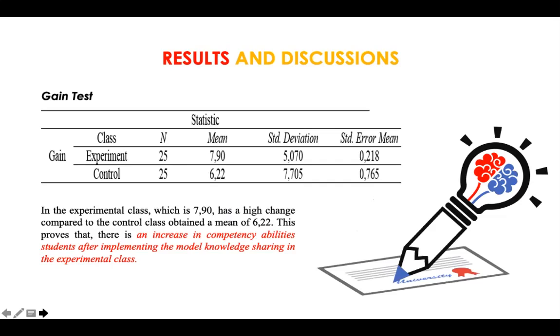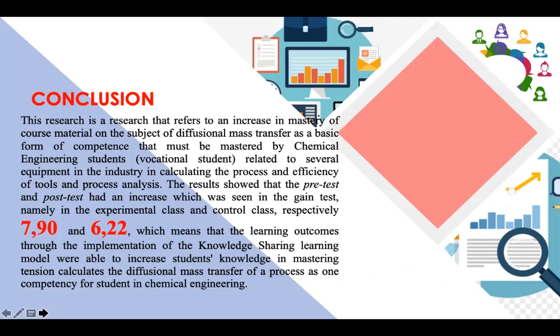Based on the gain test in the table I show on your screen, it can be concluded that the experimental class, with a mean of 7.9, has a higher change compared to the control class, which obtained a mean of 6.22. This proves that there is an increase in student competency abilities after implementing the knowledge sharing model in the experimental class.